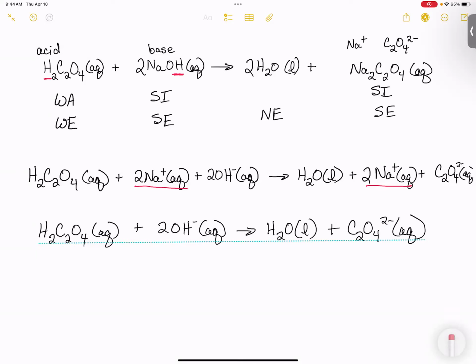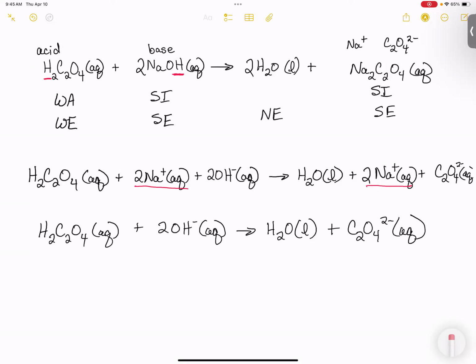I'm going to say it one more time. You cannot assume that just because something is aqueous, that it is a strong electrolyte.